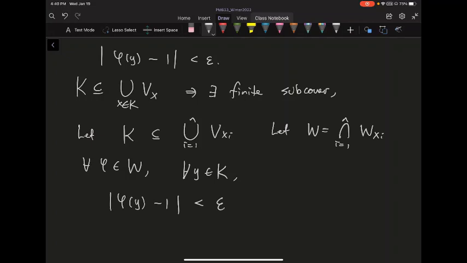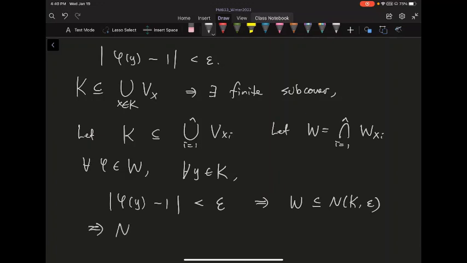So in other words, W is open, and everything inside this W satisfies the condition of N(K, epsilon). So W itself is contained in N(K, epsilon). This finishes the proof that N(K, epsilon) is open.